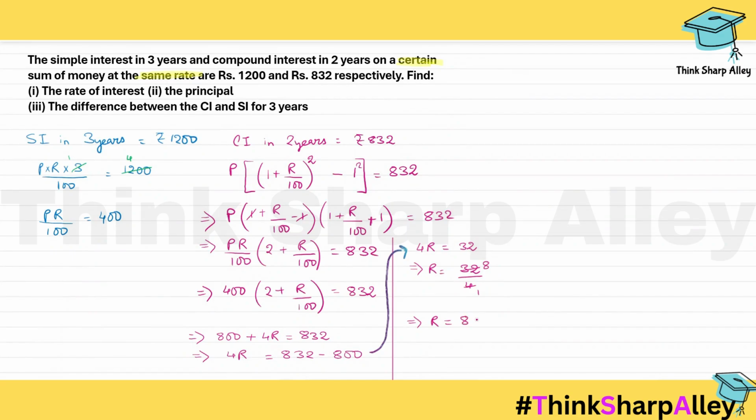So we have got R as 8%. Now I'll put the value of R in this equation to get the value of P. That's how we'll find principal.